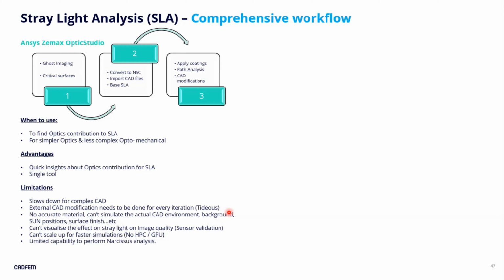You have to go to and fro between the CAD software and Zemax, and the material environment and CAD environment. Also, creating the background environment sources and visualizing the sensor imaging are things where Zemax stops. There is also no GPU or HPC capability to perform the simulation faster. And coming to Narcissus analysis, it's a completely limited capability, using so many assumptions.